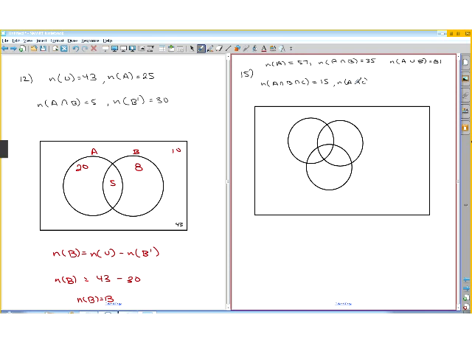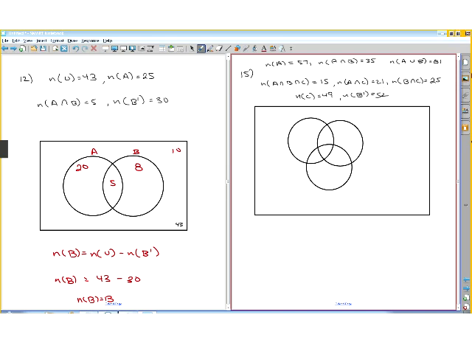The number of elements in the intersection of A and C is 21. The number in the intersection of B and C is 25. And the number in C is 49. And the number not in B is 52.